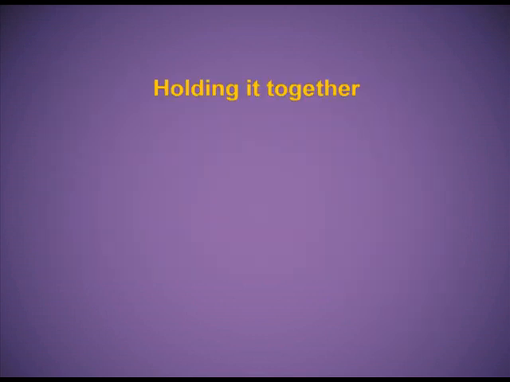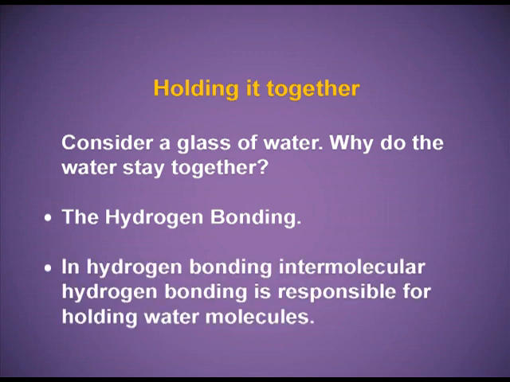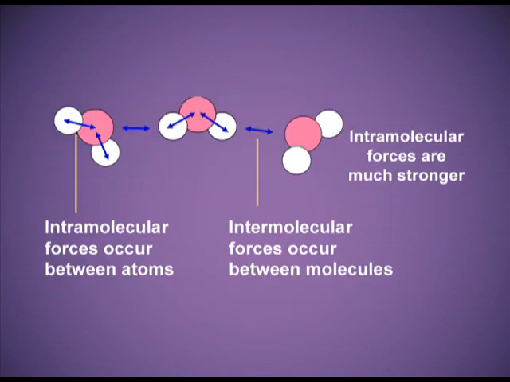Holding it together. Consider a glass of water. Why does the water stay together? The answer is the hydrogen bonding. The intermolecular hydrogen bonding is responsible for holding the water molecules. You can see the formation of the covalent bonds.